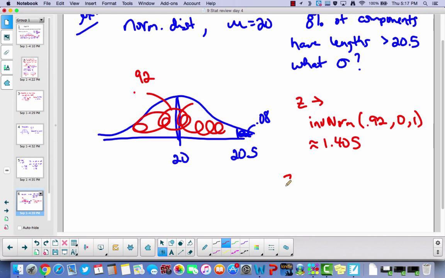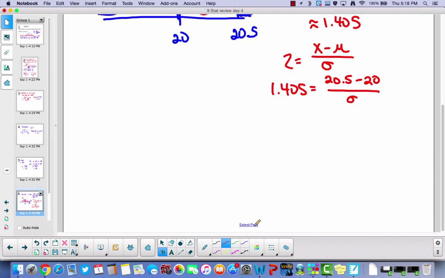Well, remember that our z-score is equal to our score minus our mean over our standard deviation. We know that this is 1.405. We know that our x is 20.5. We know that our mean is 20. And we don't know what our standard deviation is. So solving for standard deviation, we get that the standard deviation is 0.5 over 1.405.